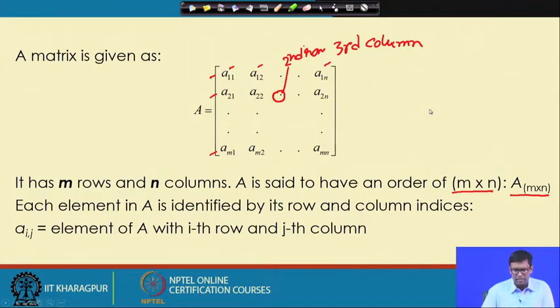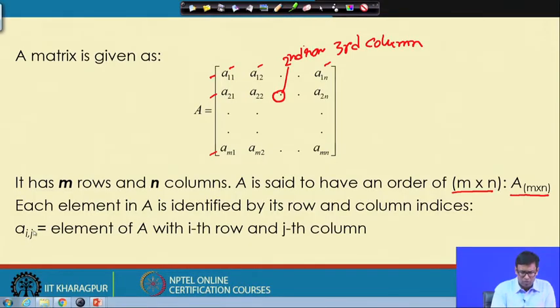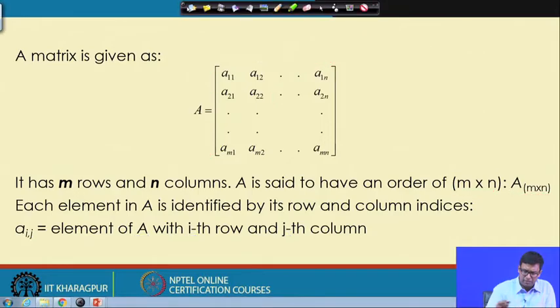So, small a_ij is an element of the matrix capital A, in the ith row and jth column. This is how an element inside the matrix is defined, and the order of the matrix is also defined.